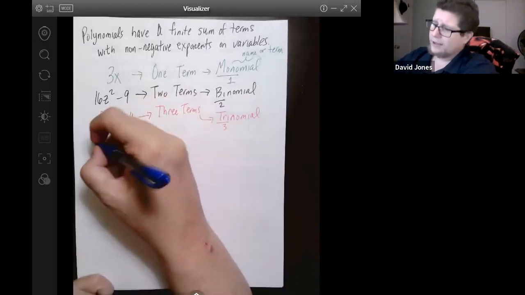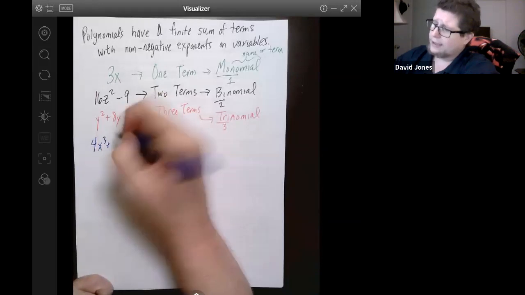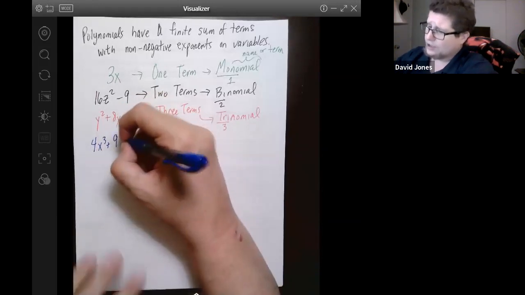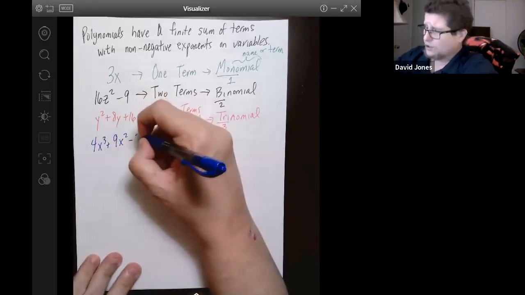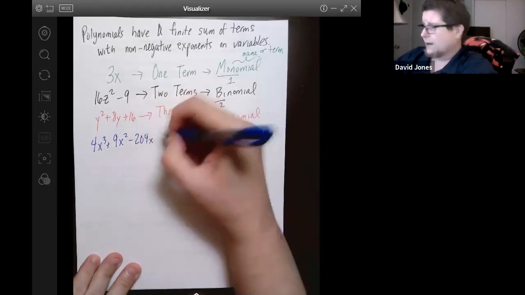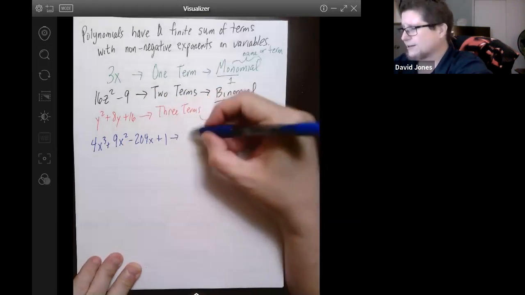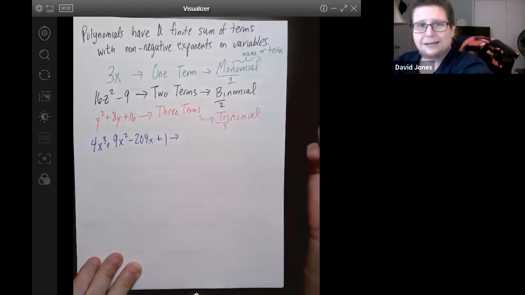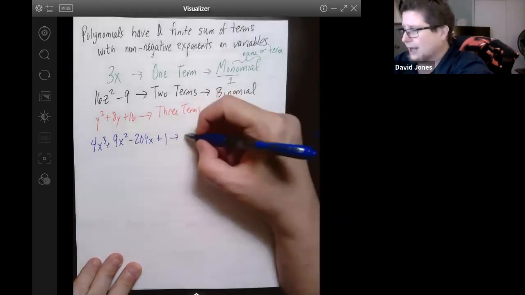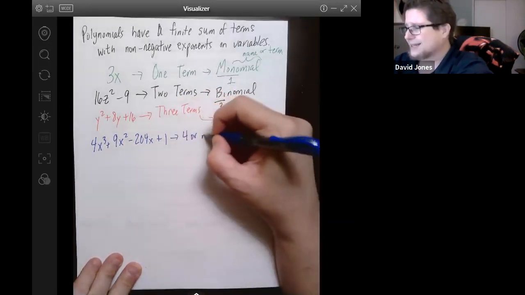We could have something like 4x cubed plus 9x squared minus 204x plus 1. There's 4 terms here. Guess what we call this? I kind of want to call it a quadrinomial, but at 4 or more terms, they stop naming them.